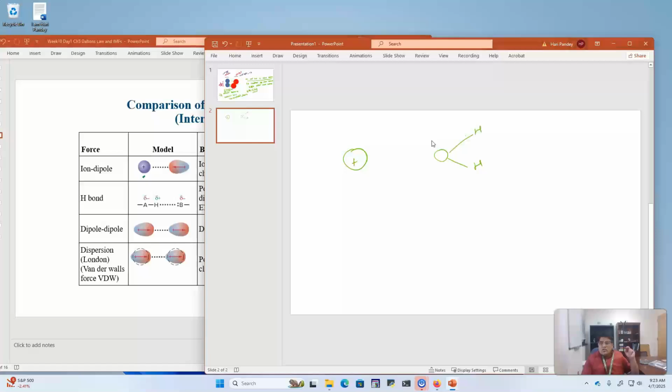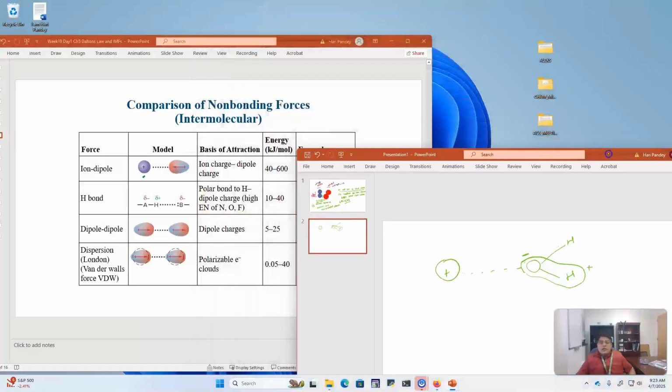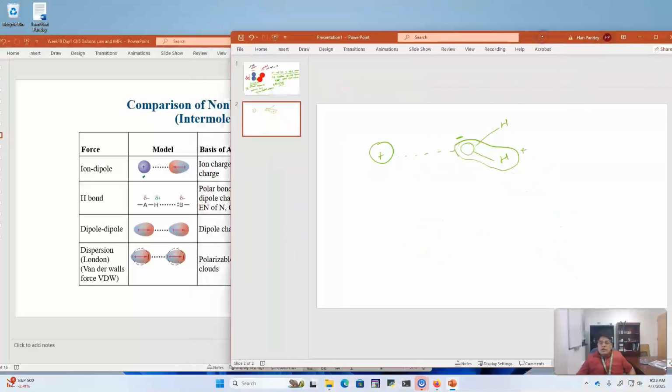Oxygen pulls electron density toward itself and is partially negative, so it has two poles, negative here and positive here. This is the negative pole, this is the positive pole. The attraction between these two is the ion-dipole interaction, and its energy is about 40 to 600. This is the strongest. Ion-dipole is strongest.